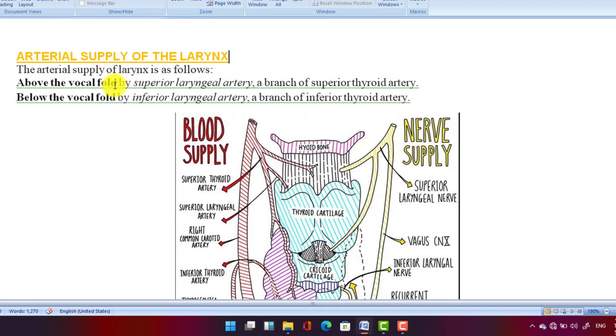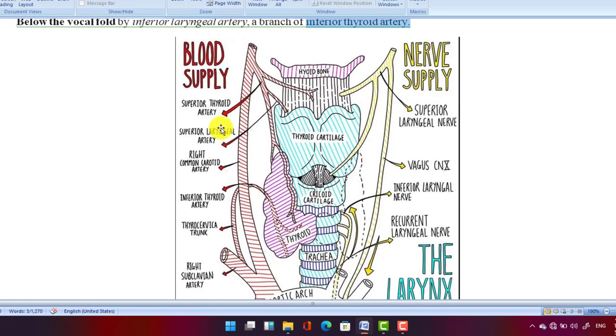Above the vocal fold, it is supplied by the superior laryngeal artery, a branch of the superior thyroid artery. Below the vocal folds, it is supplied by the inferior laryngeal artery, a branch of the inferior thyroid artery. So the superior thyroid artery and inferior thyroid artery are responsible for supplying blood to the larynx.